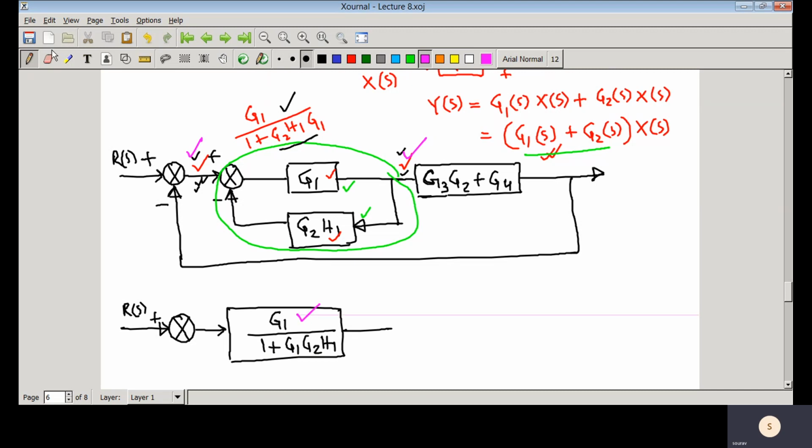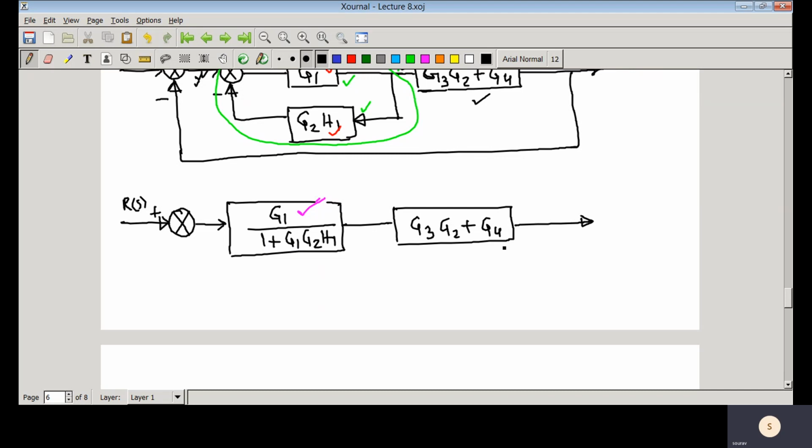Now you can see that the rest of the part, that is this particular transfer function, is G3 G2 plus G4. So this is that block diagram, and close this particular feedback path, so you have that negative sign.